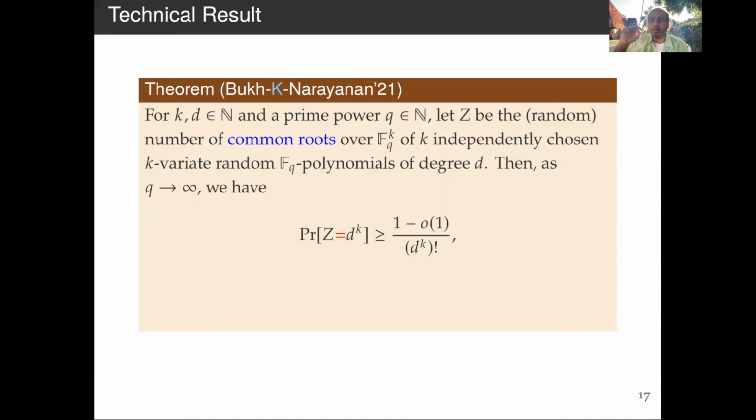The probability that Z is exactly d to the k is quite noticeable. In fact, it only depends on the degree and k, and here the degree depends on k, so it's only dependent on some function of k. Whereas if you want even one more, the probability that the number of common roots is d to the k plus 1 is vanishingly small. It depends on the field size, which is a function of n, so it goes down dramatically.